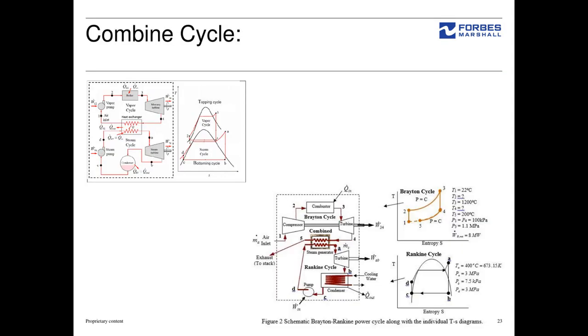Also, there are many power plants which use multiple cycles. I will use the example of combined cycle power plants. In combined cycle power plants, two or more cycles are combined. One can be a different type of cycle, and the second is a Rankine cycle for steam and water. You can take the example of the photograph below, where a Brayton cycle is combined with a Rankine cycle.